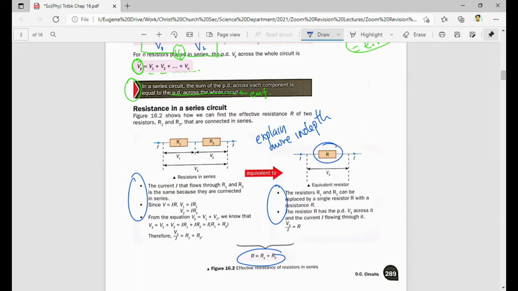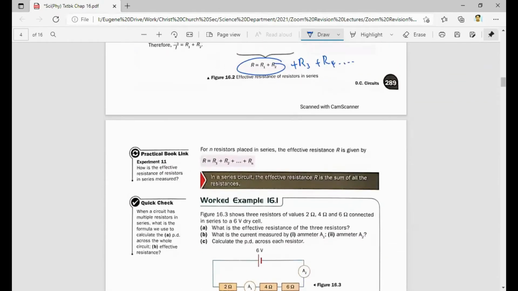So for two resistors in the circuit, the total resistance is R1 plus R2. If I have 3 resistors, I'll add R3. If I have 4 resistors, I'll add R4, and so on. So in conclusion, in a series circuit, the effective resistance R is the sum of all the resistances.